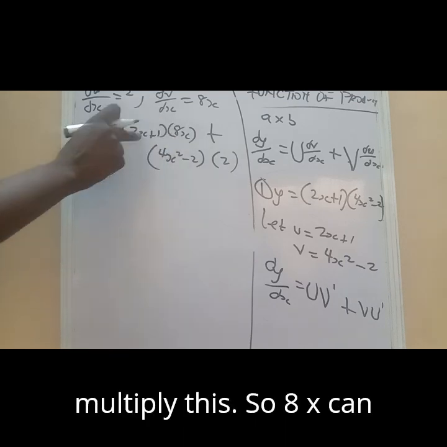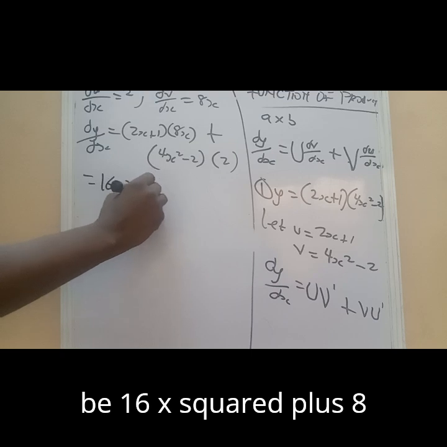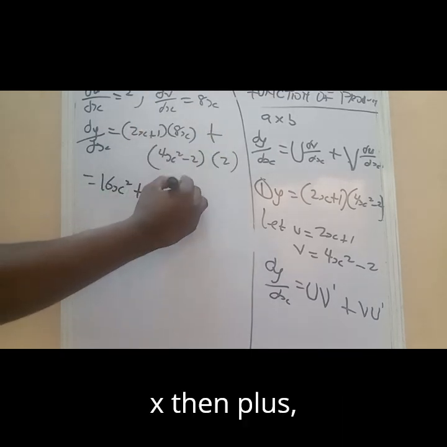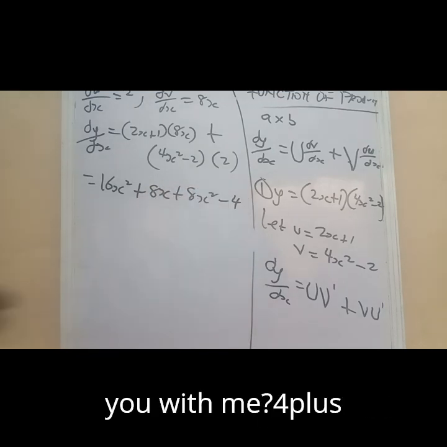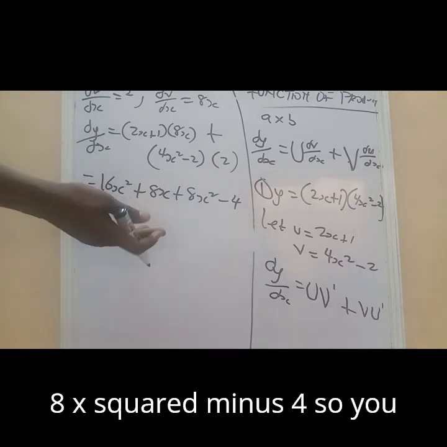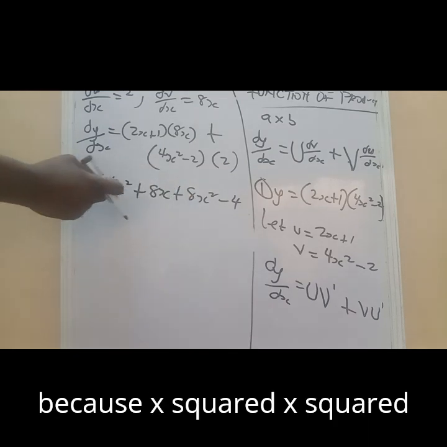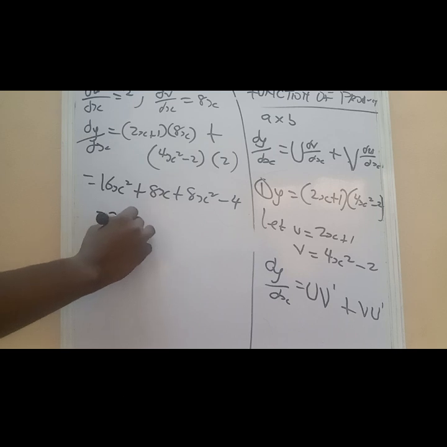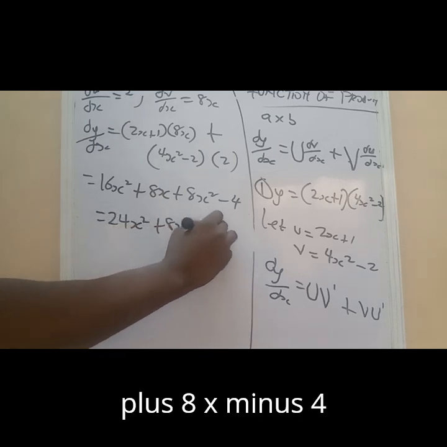So 8x can open this bracket, that will be 16x squared plus 8x, then this one will multiply this, that will be plus 8x squared minus 4. Are you with me? You can easily collect the like terms because x squared and x squared, so that will be 16 plus 8, which is 24x squared plus 8x minus 4.